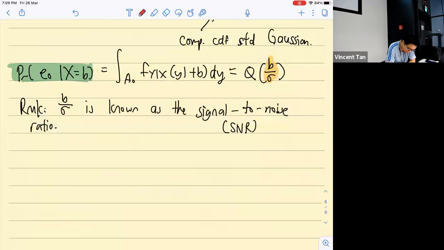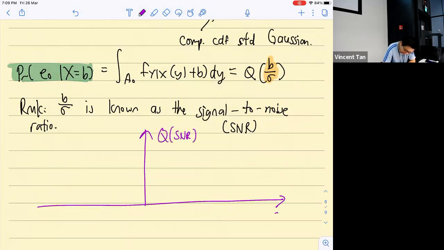Now, this Q function as a function of signal to noise ratio looks like this. Okay, this is Q of SNR versus SNR, which is this B over sigma. Okay, how does it look? It looks like this. It's a complementary CDF, so it should have this sort of behavior.